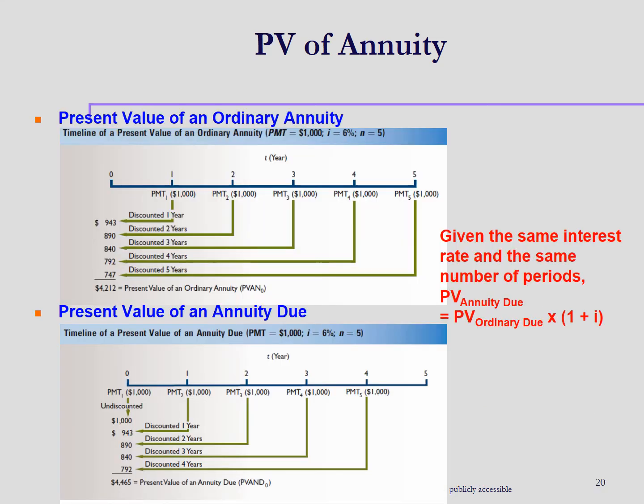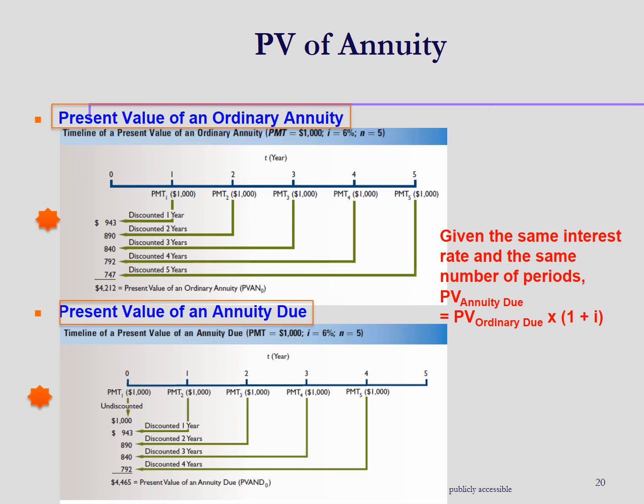The upper panel gives an example of present value of an ordinary annuity. The lower panel gives an example of present value of an annuity due. By simply looking at the graphics shown here, we observe that for the present value of an ordinary annuity, the present value of each annuity payment is discounted for one more period compared with the present value of an annuity due.